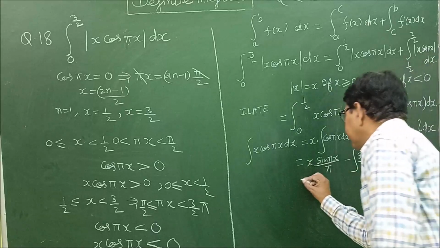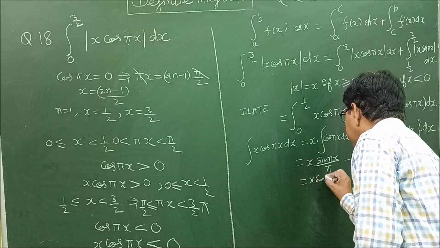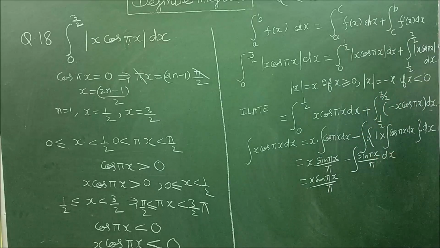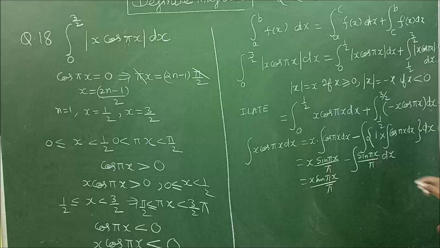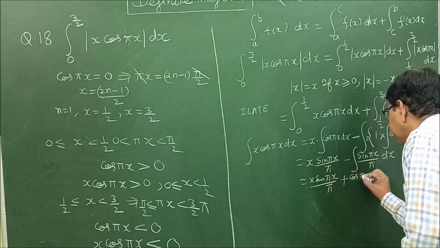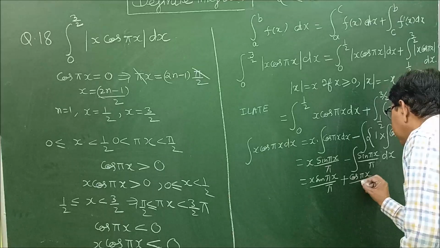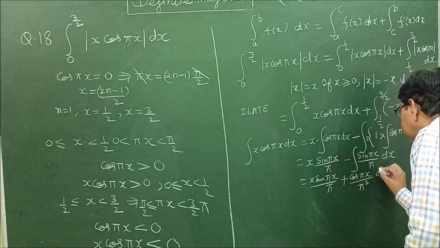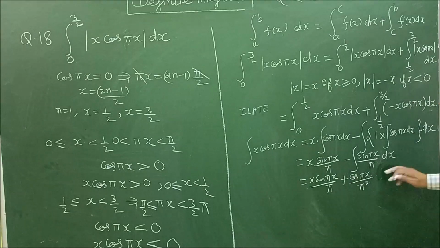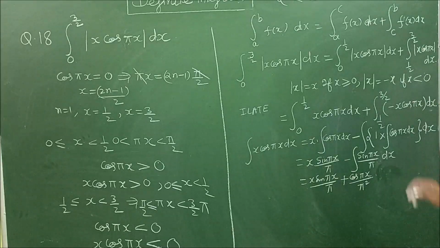Now again integrating it, x sin pi x upon pi, and here the integration of sin pi x is equal to minus cos pi x upon pi. So this reduces to cos pi x upon pi square. Here minus minus will make it plus. So this is the final integral.